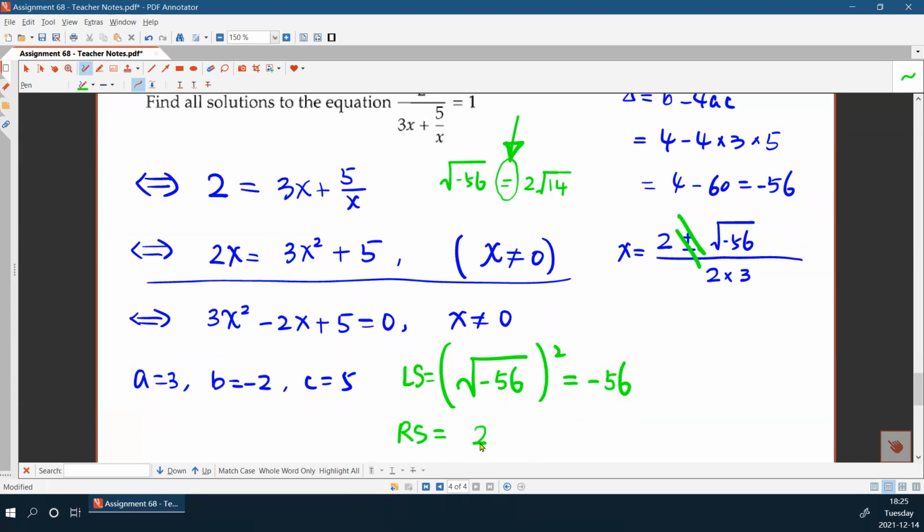Right side is twice of square root of 14. If you square it, you will get 4 by 14, which is positive 56, right? Negative 56 is not equal to positive 56. So what are you missing here?